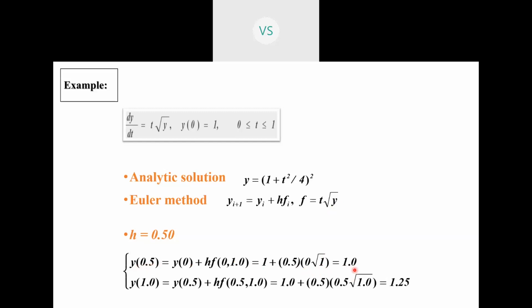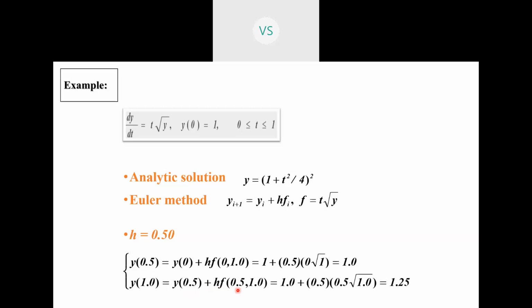Now we have to find y for the next time. The next time is t equal to 1, and for t equal to 1 we have to find the value of y. What is the formula? y at 0.5, the previous value of y, plus h into f of the previous values of t and y.